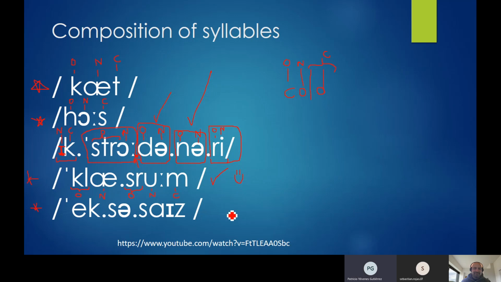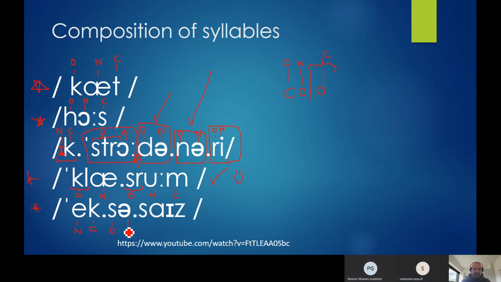In the last one, the first syllable is composed of one nucleus, that will be the E sound, and the coda will be K. Continuing, the sound S is the onset, and the nucleus is the schwa.